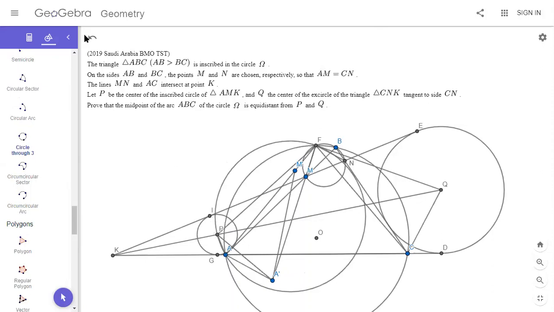No. But AA prime, so FAA prime is similar to FM prime M.